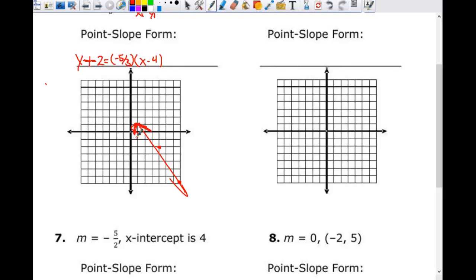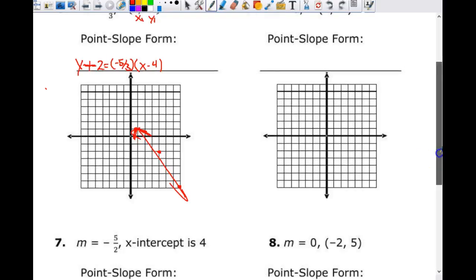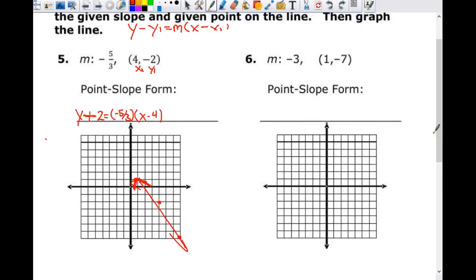You know how I think you should do it on the board? All right. We have x1, y1 here. Well, then let's do it on the board. Okay.